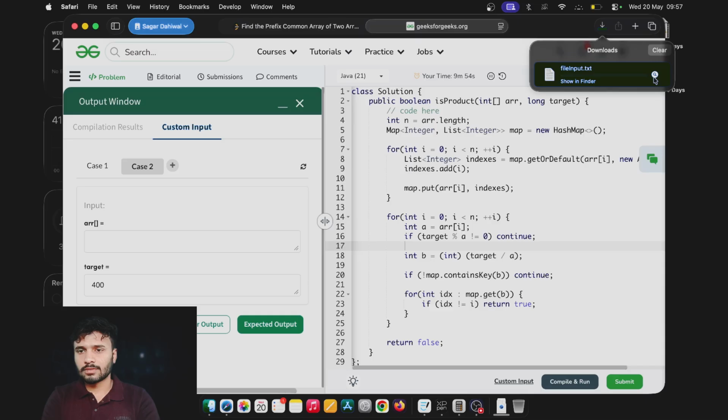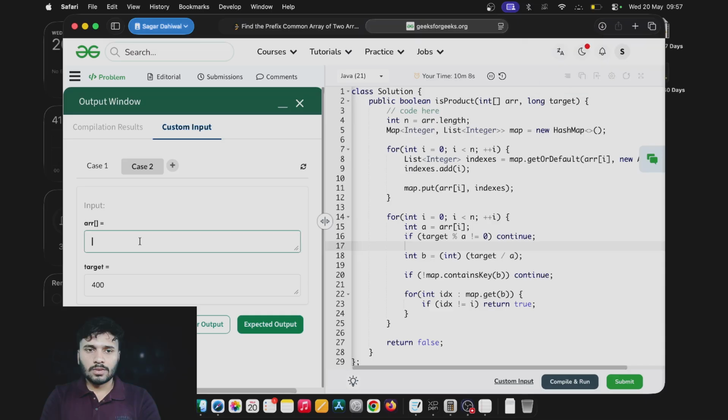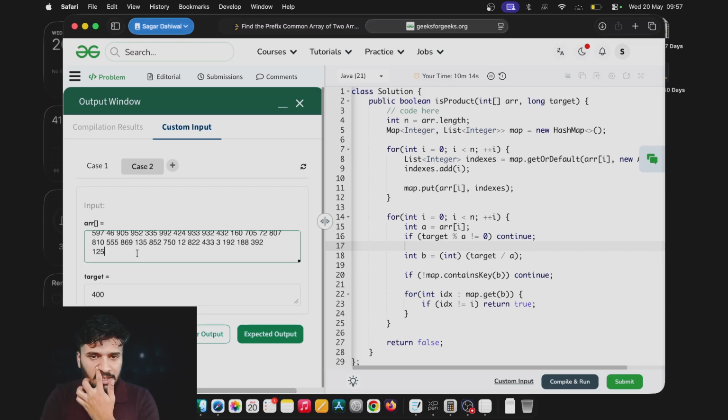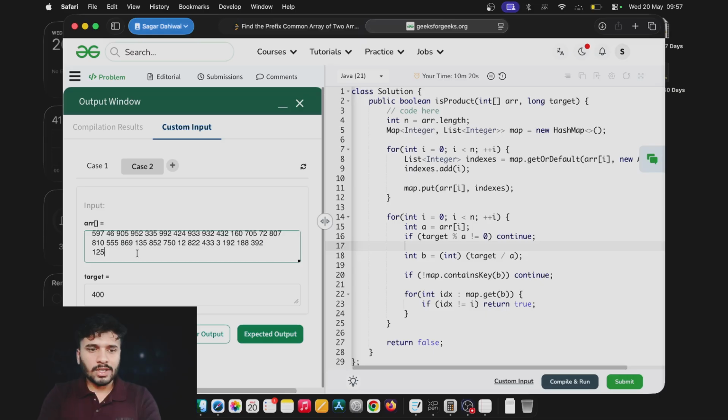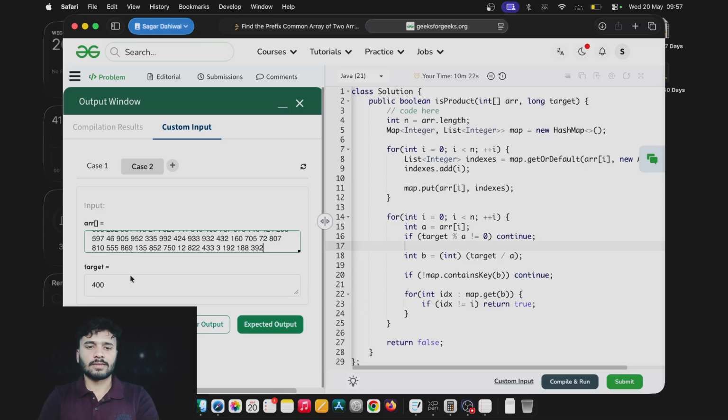Now let's open it and copy this, and then paste the array here, and the target is probably 125. This is 125.